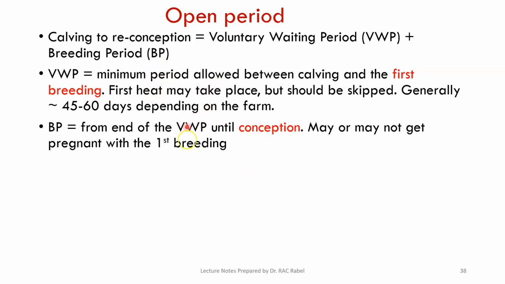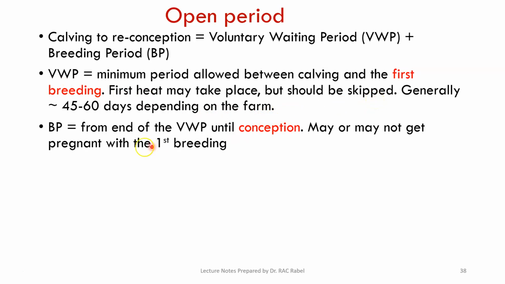I'm not going to go through each detail here, but this generally is a period where we don't breed the animal. We voluntarily wait. Even if the animal comes to heat, sometimes animals do come to heat, we skip it.